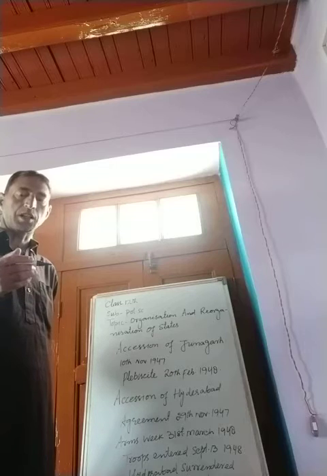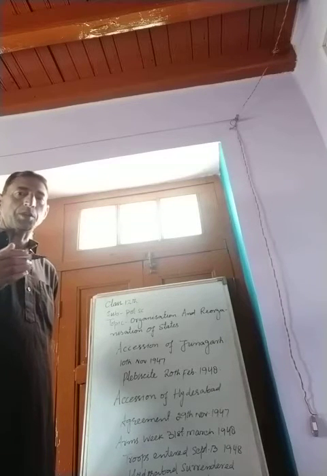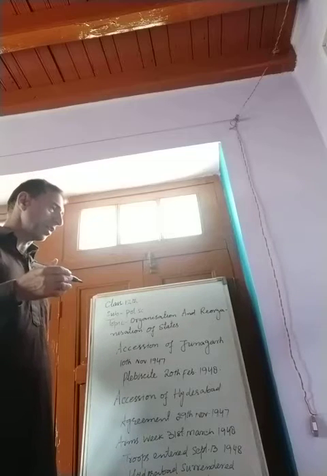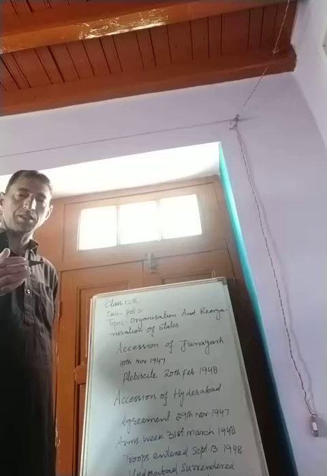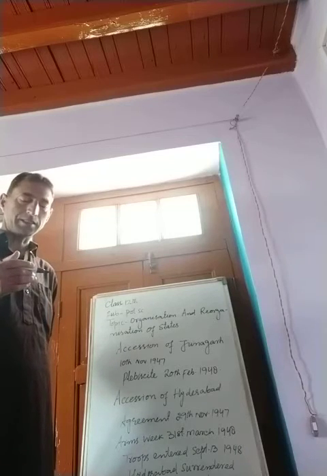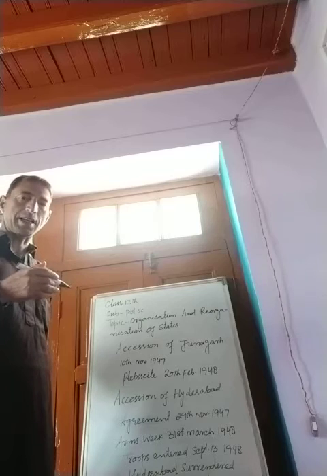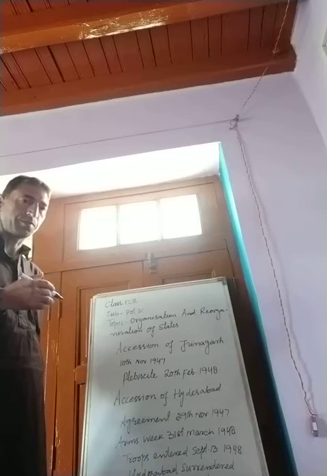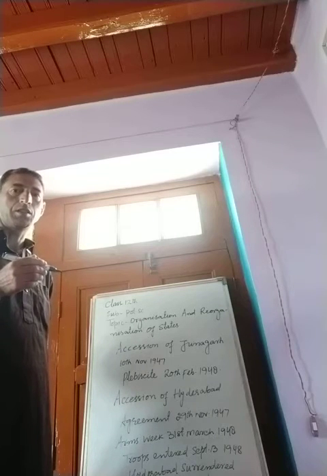There were problems also. Some states, for example Kashmir, the Maharaja of J&K wanted to retain the independent nature of the state. However, attacked by the tribals of Pakistan, the Maharaja signed the instrument of accession with the Indian Union. Hyderabad and Junagadh were taken by force.